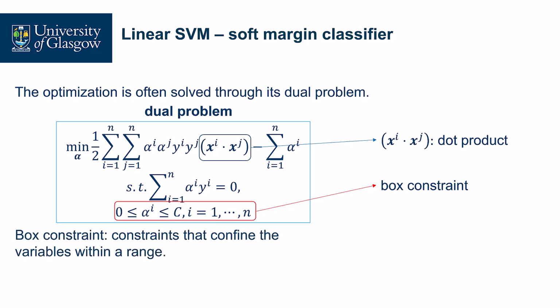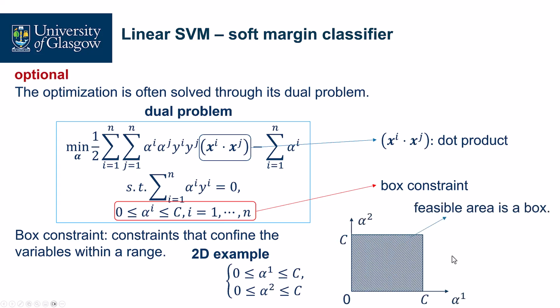A box constraint confines the design variables within a certain range. For example, if alpha 1 and alpha 2 both range from 0 to C, then the feasible region is this box. By optimizing this dual problem, we get the optimal values of alpha i, then the soft margin classifier is trained and can be used for prediction.